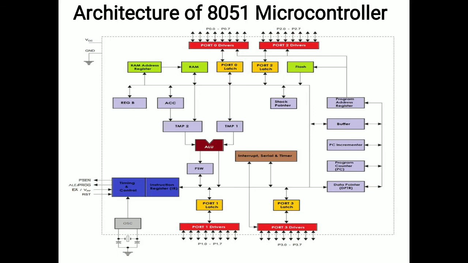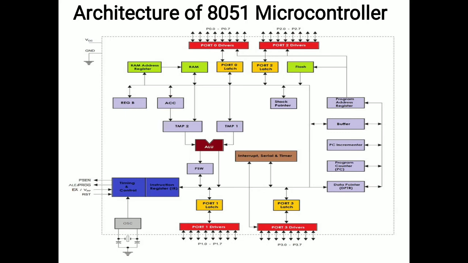Inside that, the most important block is the ALU. Here, if we consider the ALU, draw it in between, a little bit on the lower side, the ALU, that is the arithmetic and logical unit. For the ALU it is necessary to use the accumulator.